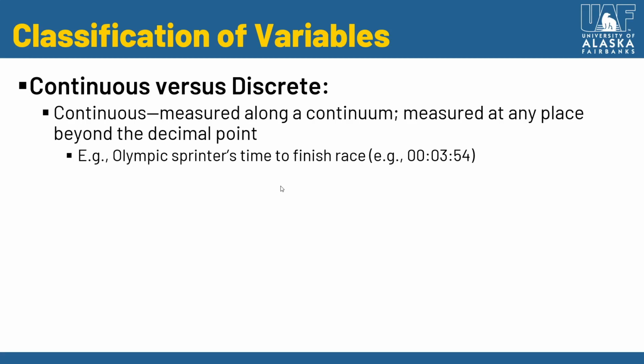It could be an infinite ruler, or it could be much longer than a ruler that we typically use, but there's just a basic scale that we're using to measure people. So for example, in the Olympics, a sprinter's time to finish a race, right? I guess this doesn't sound like a sprinter if it took them almost 4 minutes. But right, the basic example of a continuous measure.